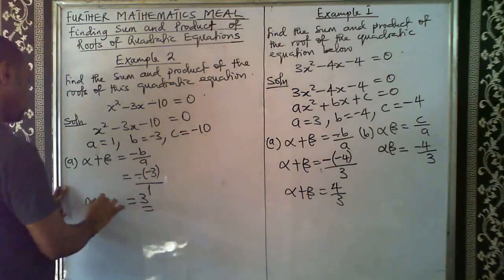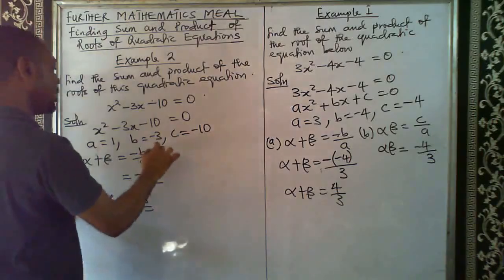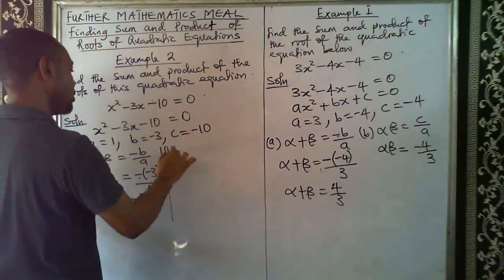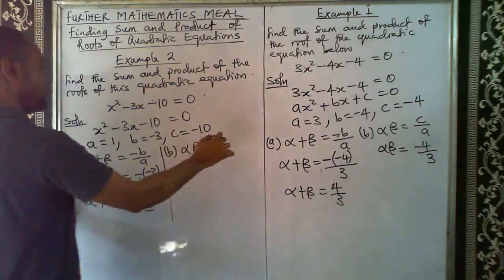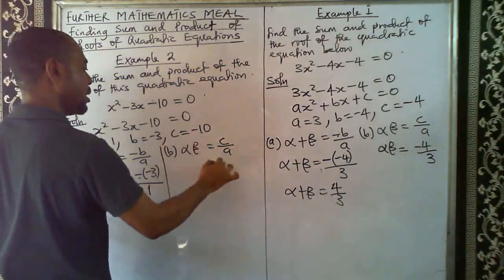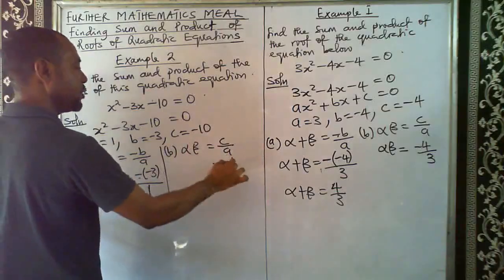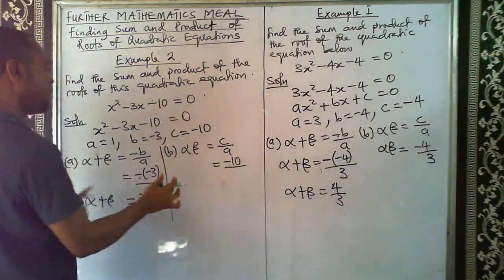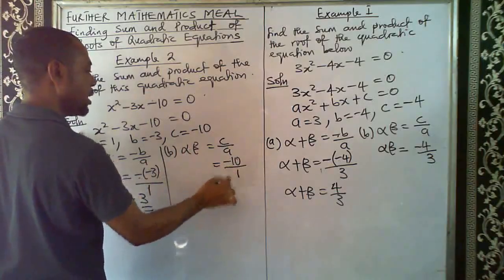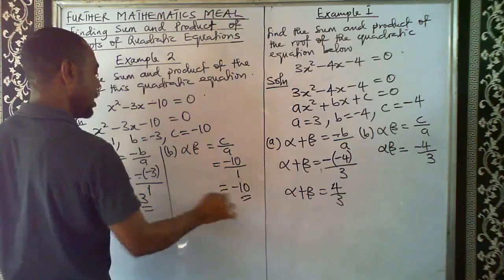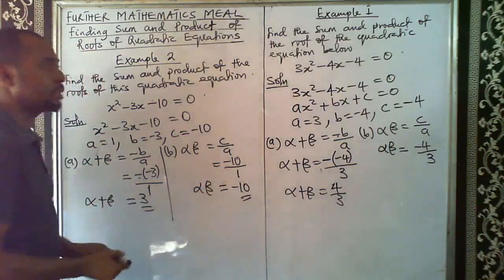So the sum of the roots here will be that. Then let's see the product. Alpha beta will be c over a. And what is c? C is minus 10 divided by a, which is 1. That will give me minus 10 at the end of the day as alpha beta.